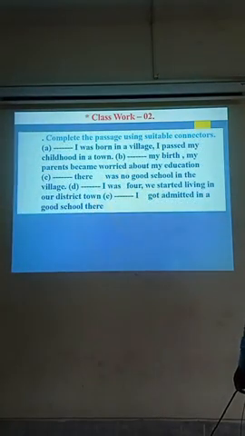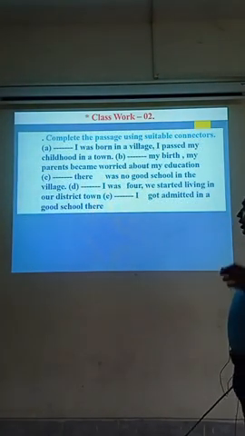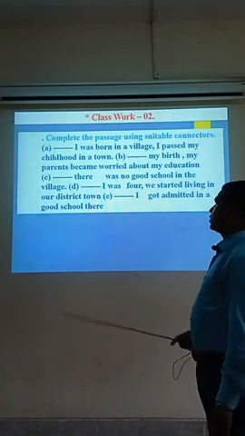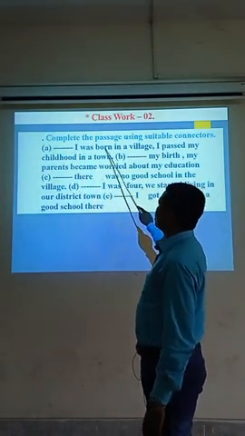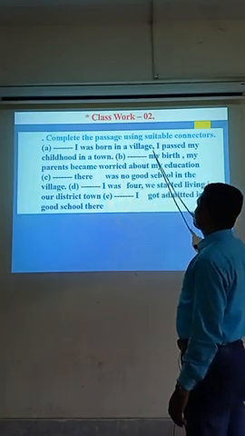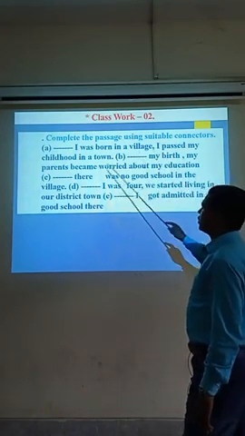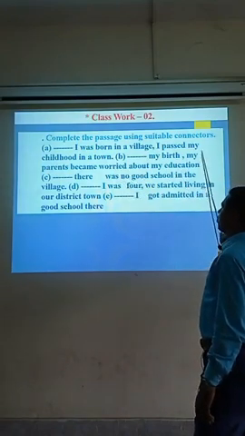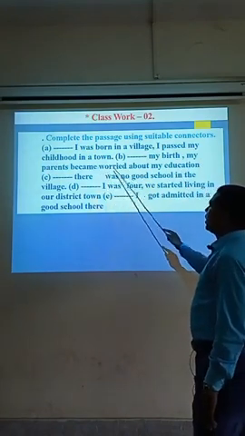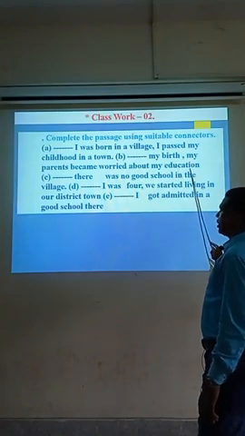Classwork number 2, there is also a passage for you, and there you will find 5 gaps. That is, number 1, A. Dash, I was born in a village. I passed my childhood in a town. Dash, my birth, my parents became worried about my education.